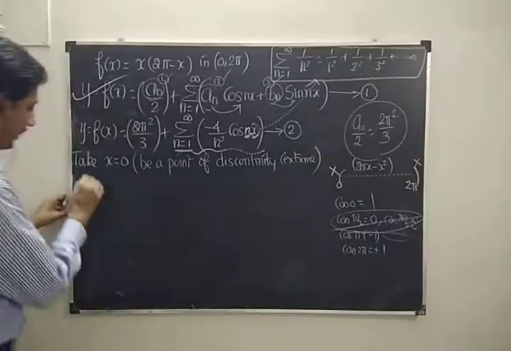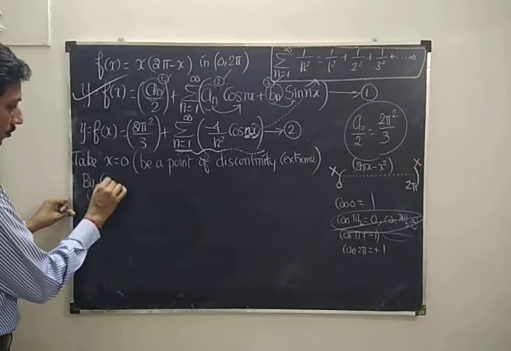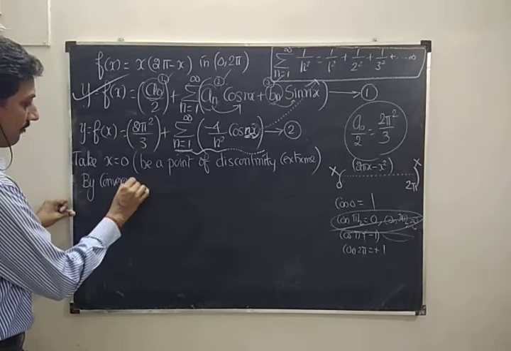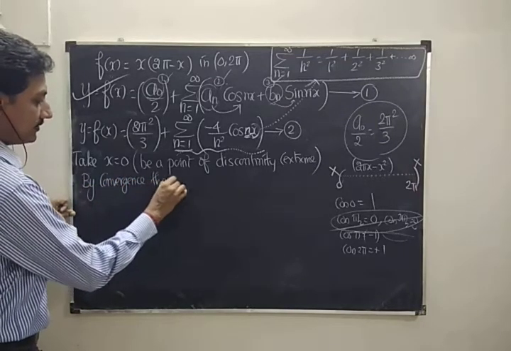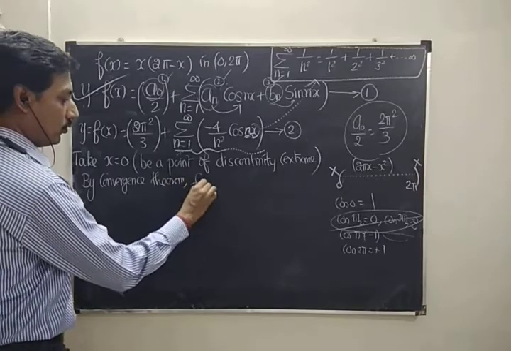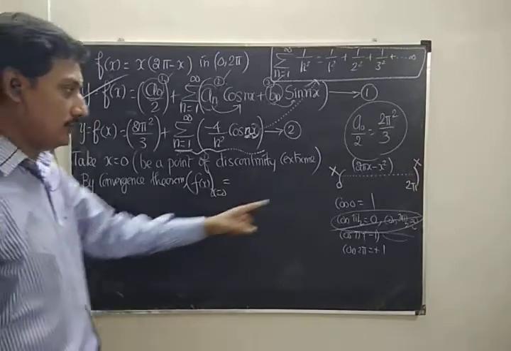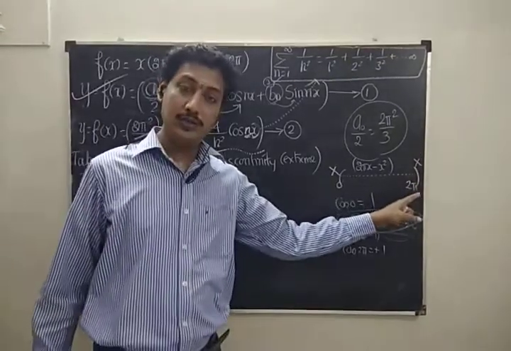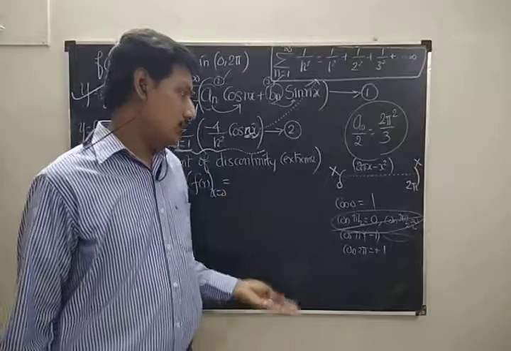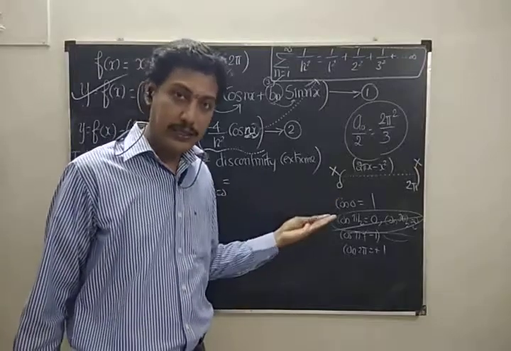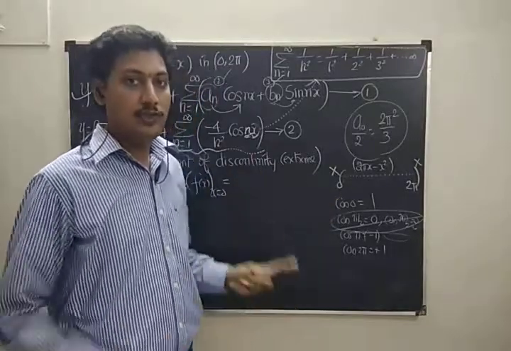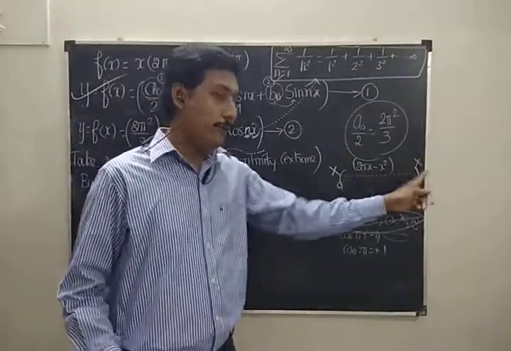So by using the convergence theorem, what is the value of f of x at x equal to 0? This already you know, this is the periodic function. So once it's a point of discontinuity at the extreme side, take the average of both the endpoint values.